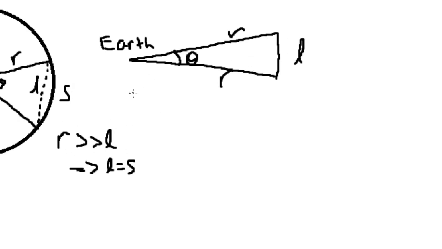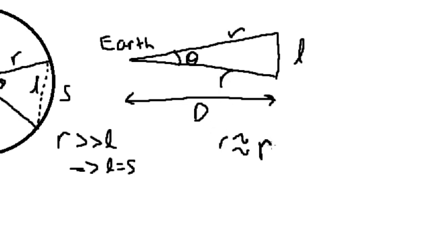So if we were to put a straight line and name this distance d, then due to the very large scale of things in space, we could approximate r, the radius of the circle, to be equal to d. And we could find out the value of d using the equation L equals d theta, which implies that d is equal to L by theta.